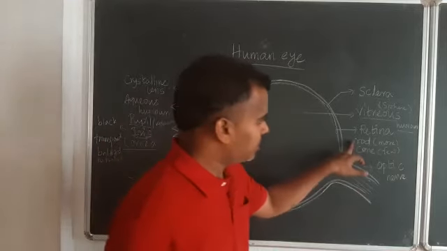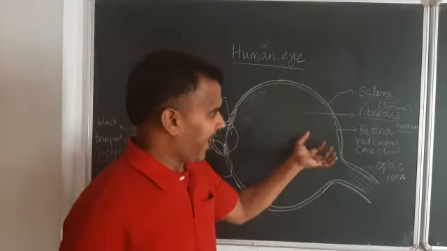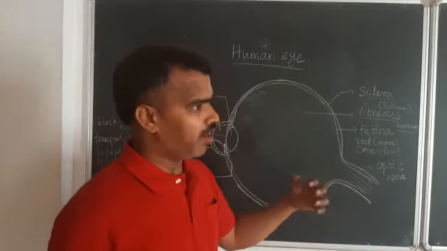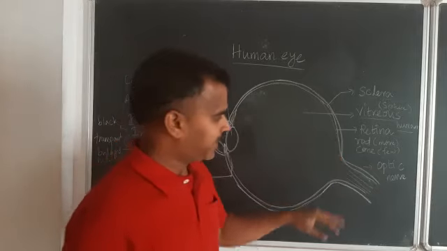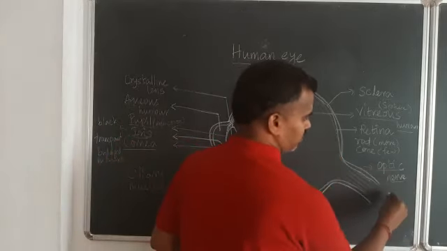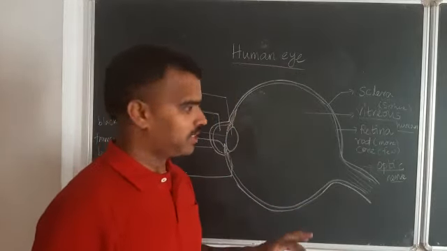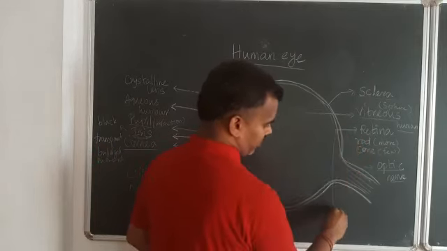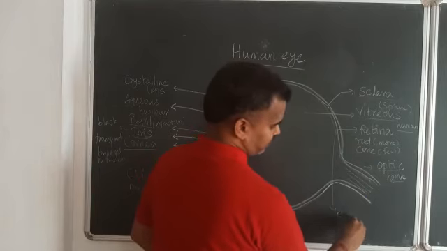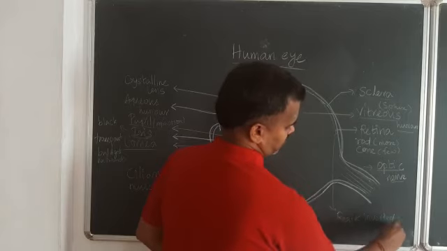These cells produce the object's image in the retina. That image is sent through the optic nerve to the brain, and then the brain identifies the image. The image formed on the retina is real and inverted.